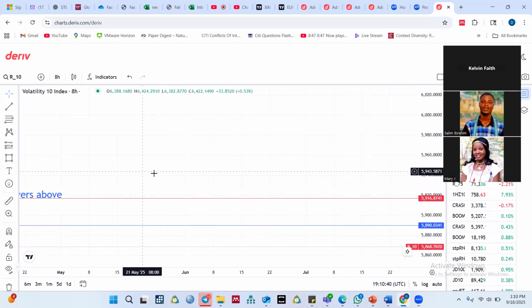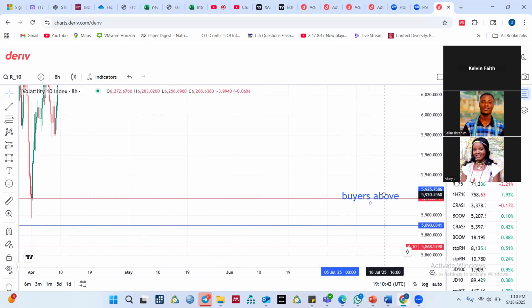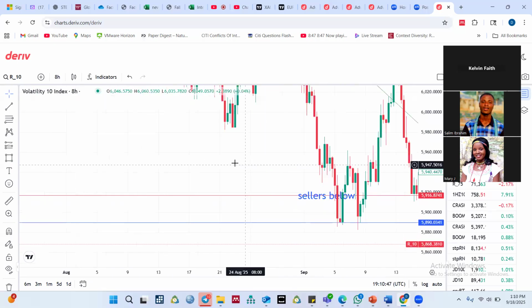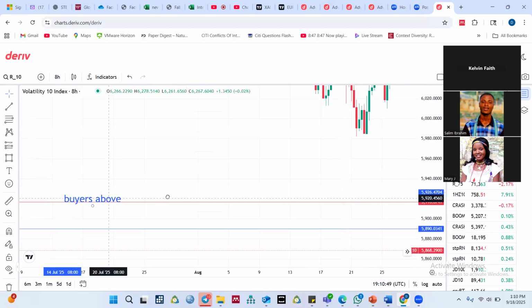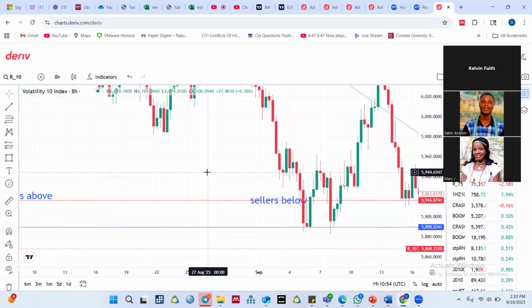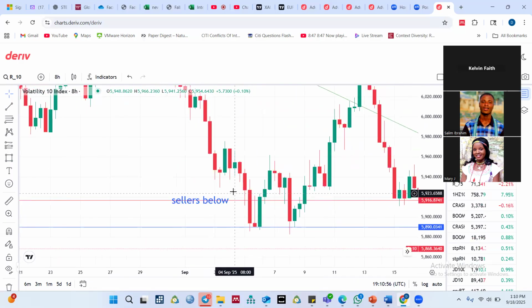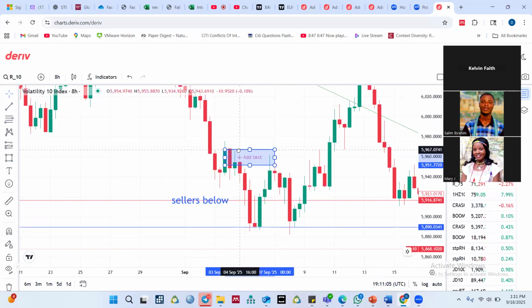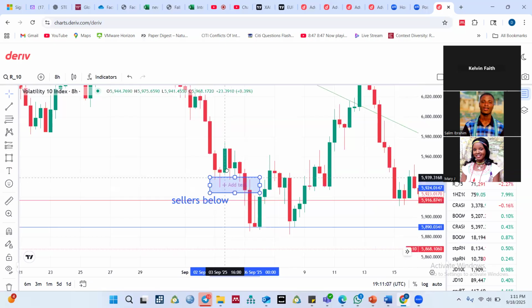Then when in future price came back to the same place, we see that price hit that same place where the buyers are. Buyers rejected the price and pushed it up, but it could not go far. It just came up to here. Then it came back again, rejected and up again. But this time the sellers were able to move price down.